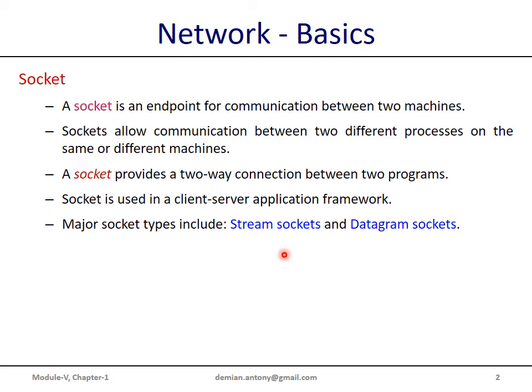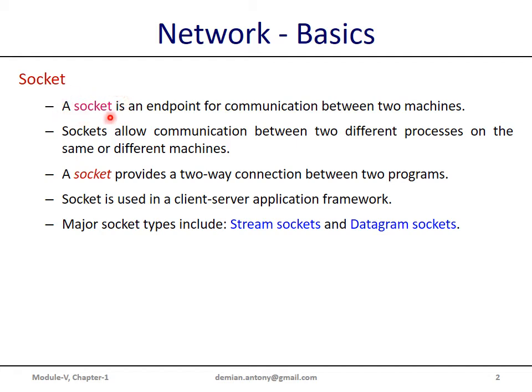In order to have communication between two processes which are available on the same machine or at different machines, we need an interface, and this interface is called a socket.